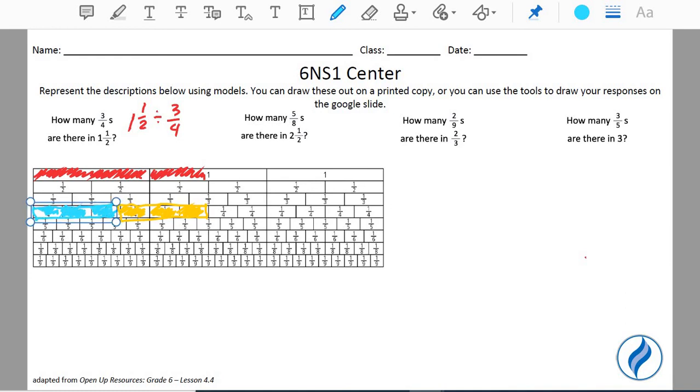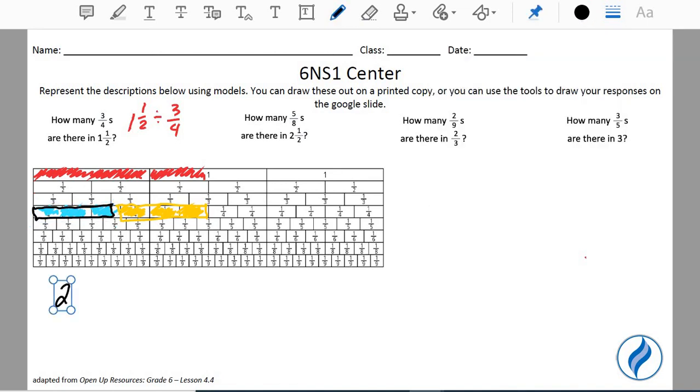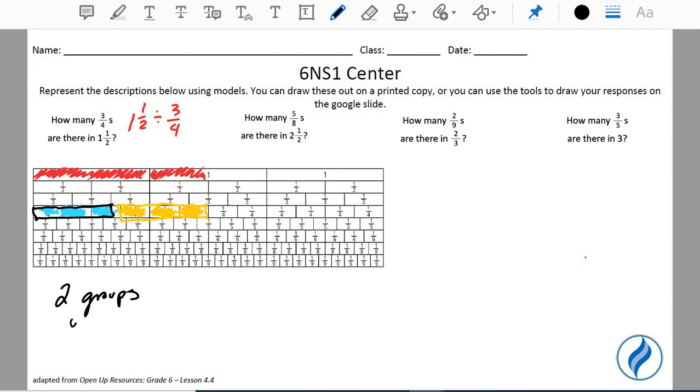All right, so you're not counting each of the fourths, you're counting each group of 3/4. So my answer to that question would be that there are 2 groups of 3/4 in 1 and 1/2.